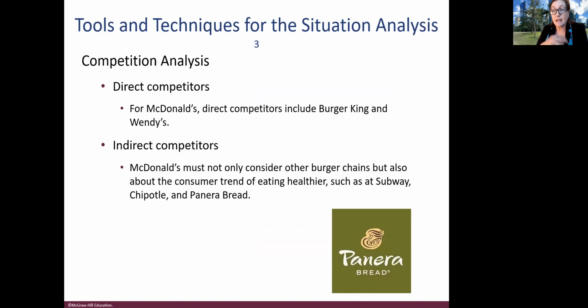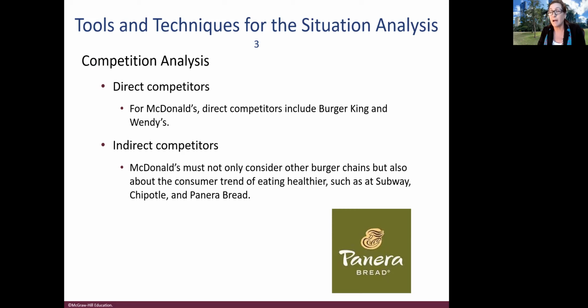Now, when we are conducting a situation analysis, at the level of the competition, the level of the industry, we need to be very wary of who we are considering with regards to the industry and the competition. So when you have a narrow industry definition, such as the burger industry, McDonald's is competing against Burger King and Wendy's.